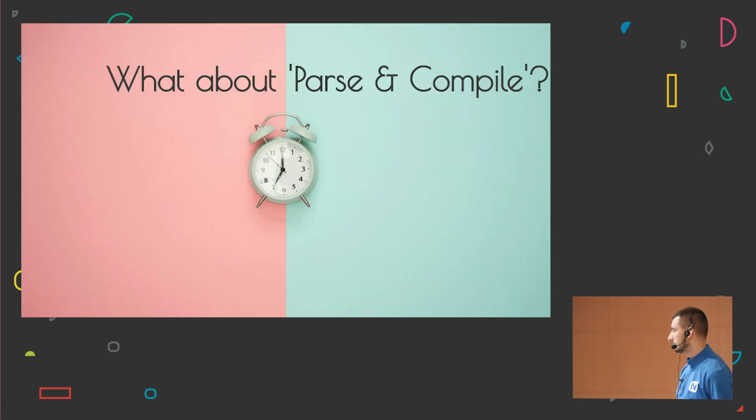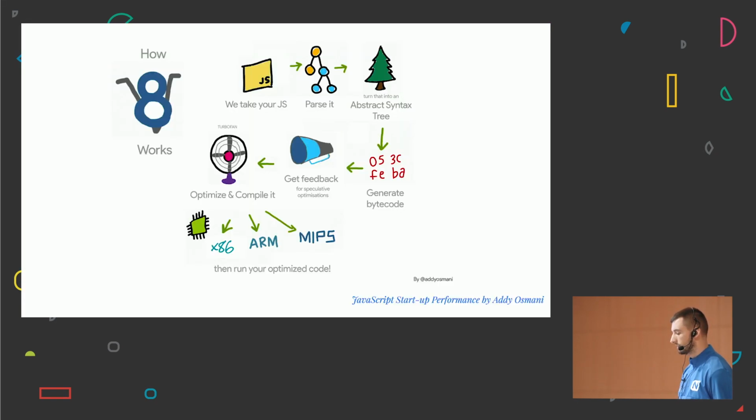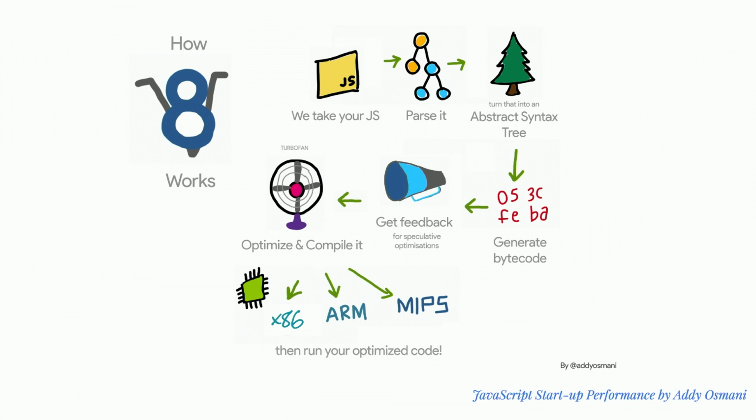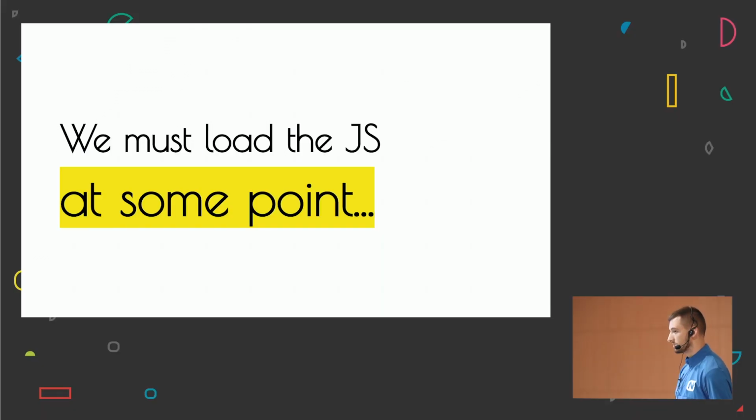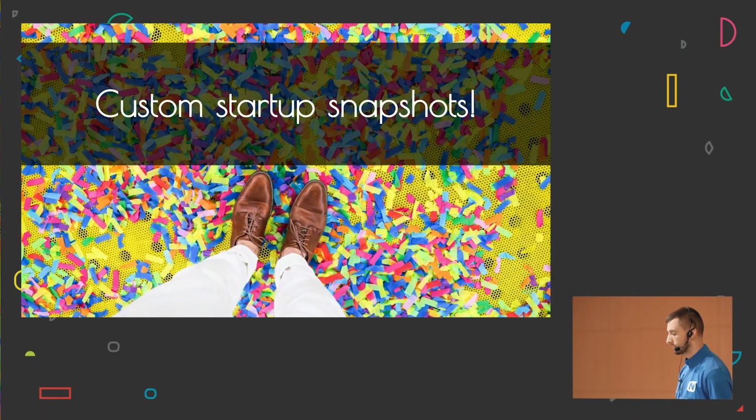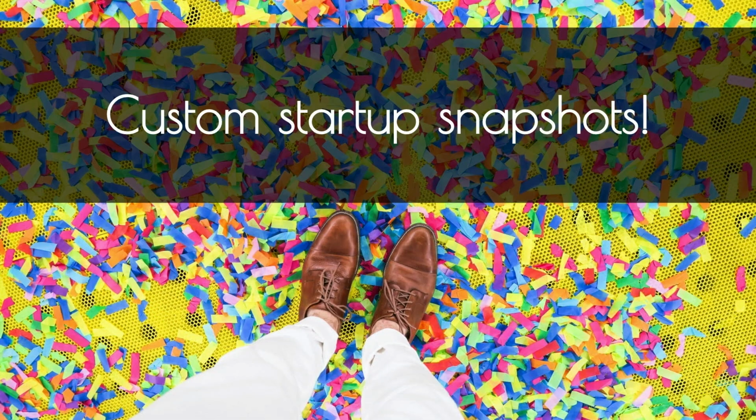But what about the parsing and compiling of the JavaScript? Well, V8 has to parse our JavaScript, interpret it at first, and at a later point compile it, and this process is, I won't say slow, but it could be faster. And how could it be faster? We must load the JavaScript at some point, and this is where snapshotting comes in.